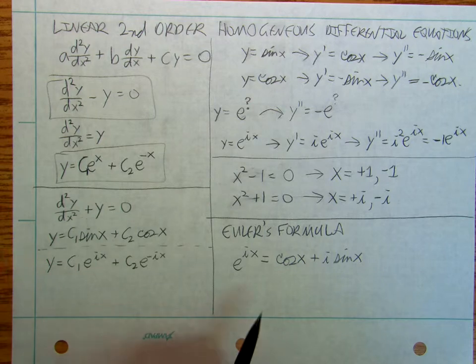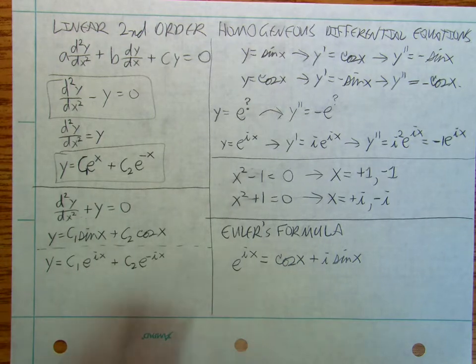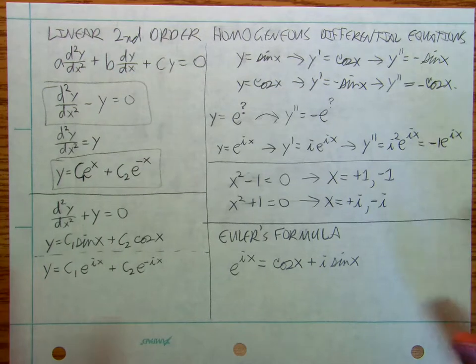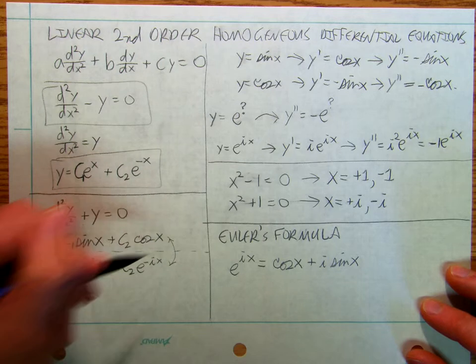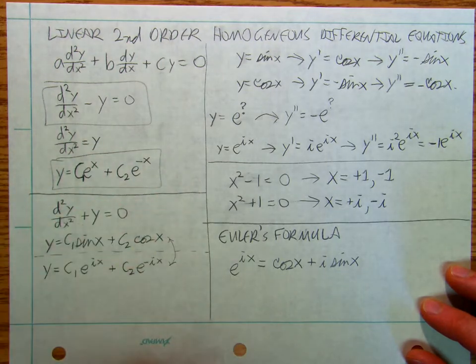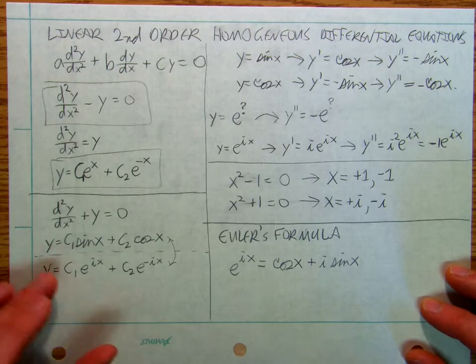So if you sort of think about that, I'm not going to really get into it. It's a little bit beyond me. But these two solutions are related by Euler's formula right there, which is a really remarkable formula.